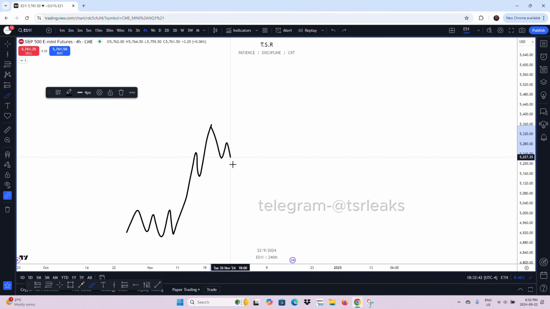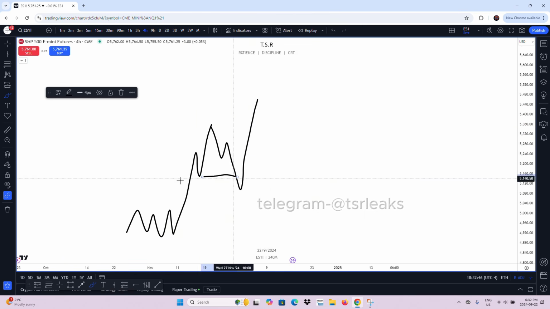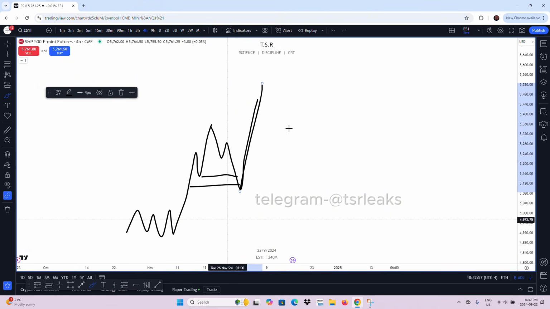What does a retracement look like? Something like this. Taking out a low into a bullish PD array. Likely there will be a key level as well right here, tapping prices and reversing prices higher, expanding prices off of the bullish PD array after turtle souping a low.